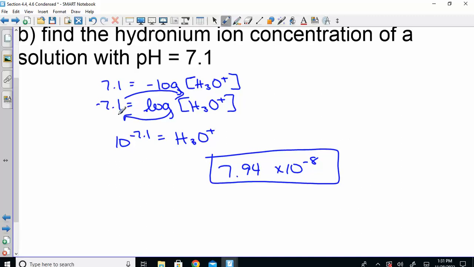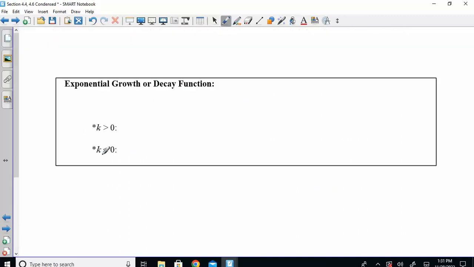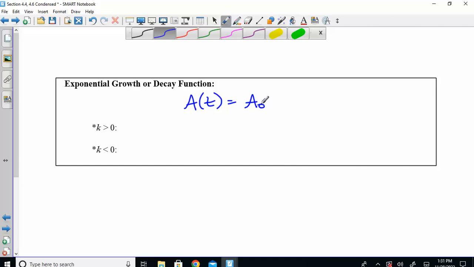Let's look at another application then. We also see logs and exponentials when we talk about exponential growth or decay. Again, I'm not going to make you memorize this. I'm just trying to show you some places where these functions come in. A of t, that's the amount we have at any given time, equals A sub 0, that's your beginning amount, e to the kt.